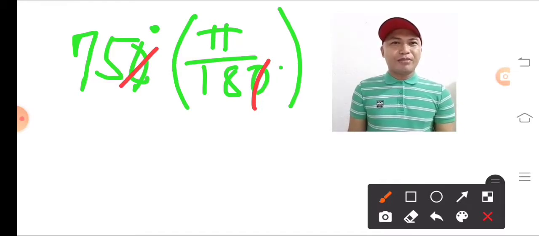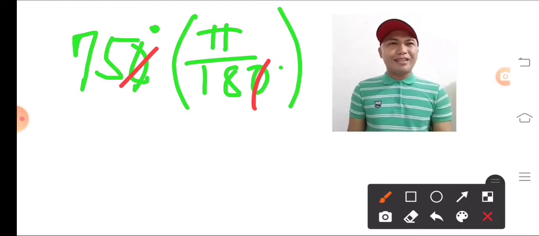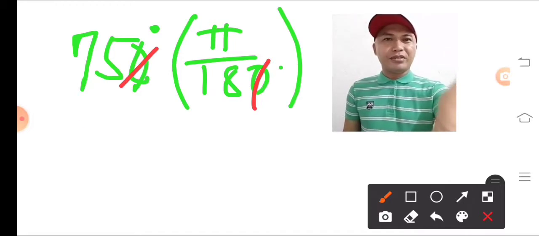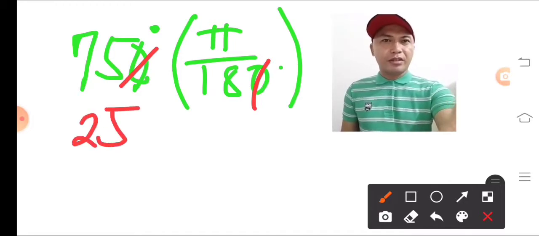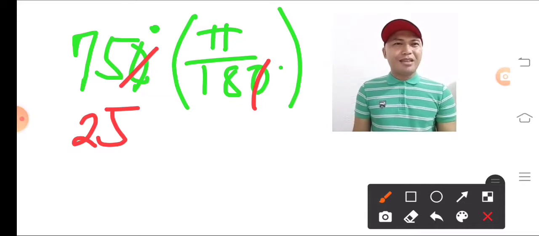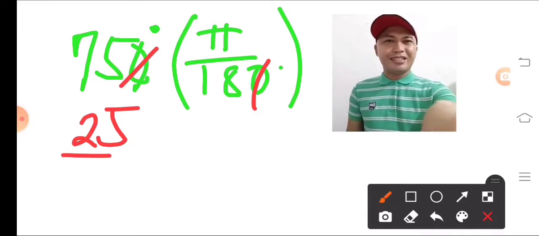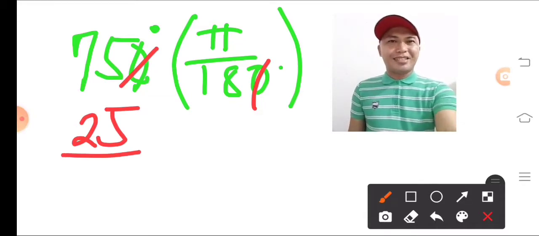So how do we simplify 75 and 18? What is their greatest common divisor? That's 3. If you divide 75 by 3, that is 25. Then if you divide 18 by 3, that is 6.